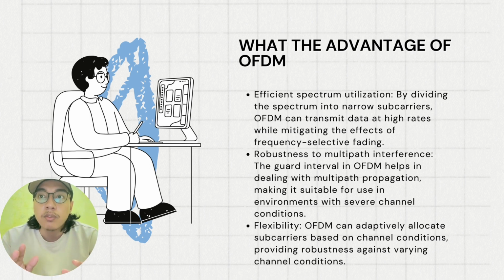The guard interval in OFDM helps in dealing with multipath propagation, making it suitable for use in environments with severe channel conditions. And lastly, flexibility. OFDM can adaptively allocate subcarriers based on channel conditions, providing robustness against varying channel conditions.